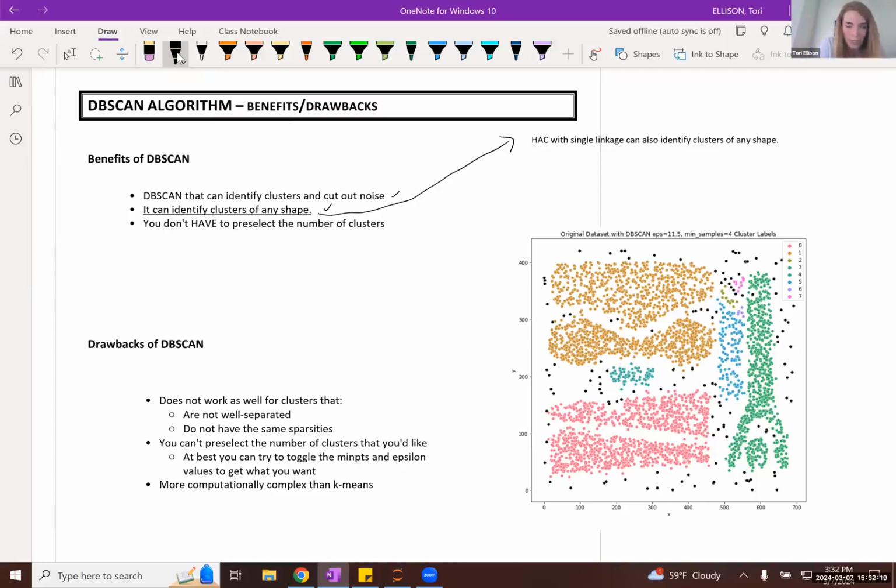In order for the DBSCAN algorithm to work effectively, we need to make sure that our clusters are well separated enough and have roughly similar sparsities. Otherwise, we might run into a situation like this, in which we have a core point bridge that unfortunately ends up linking these two close clusters together.